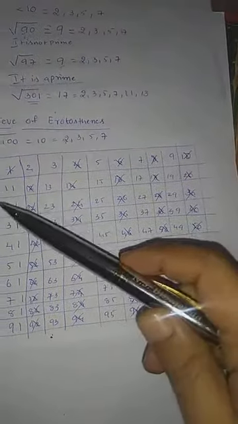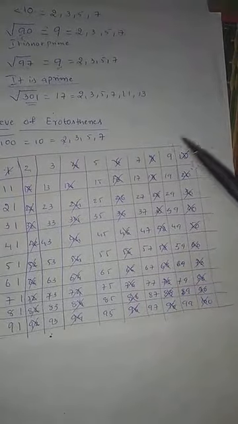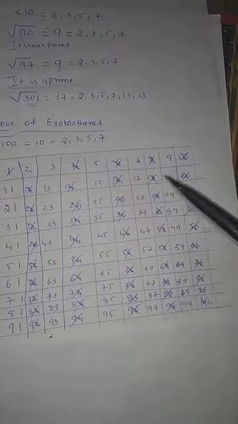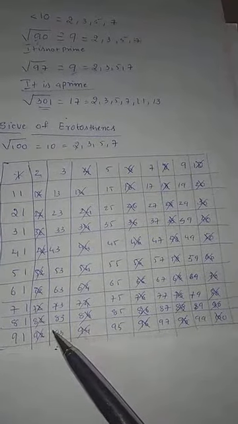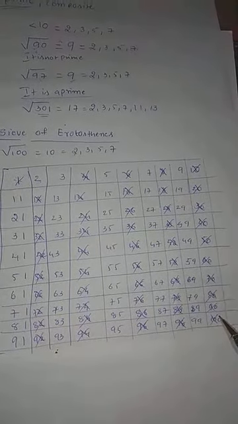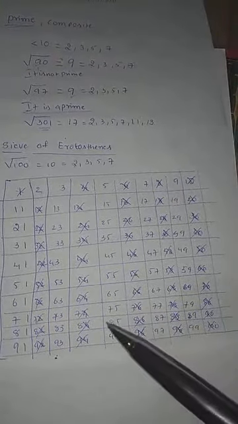So I have struck out all the values divisible by 2, up to 100. This is what is called the sieve of Eratosthenes.